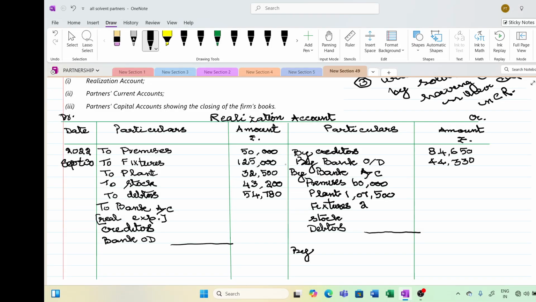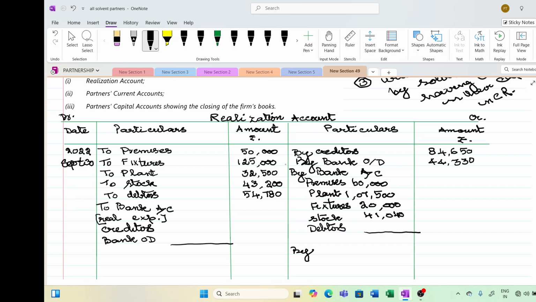Stock realized less 5%. Stock was 43,200, and if you subtract 5%, they have got 41,040. You can calculate it, you can less 5% from 43,200.